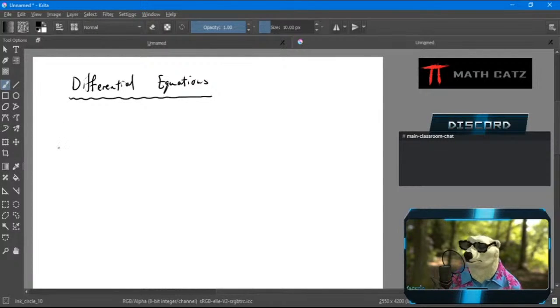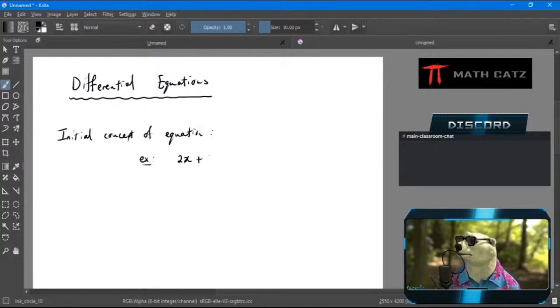So, previously, in high school and earlier perhaps, your initial concept of an equation has been something like, let's give something very simple, 2 times x plus 1 equals 7.